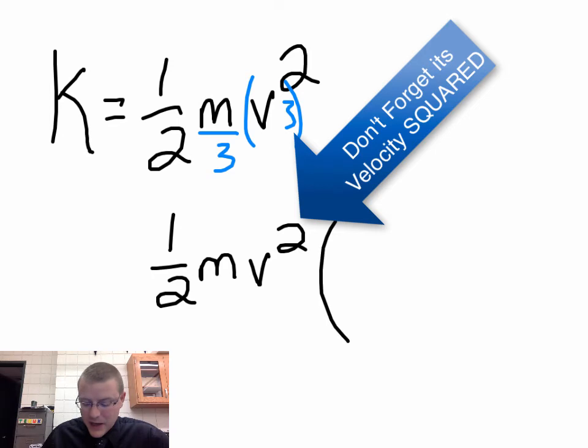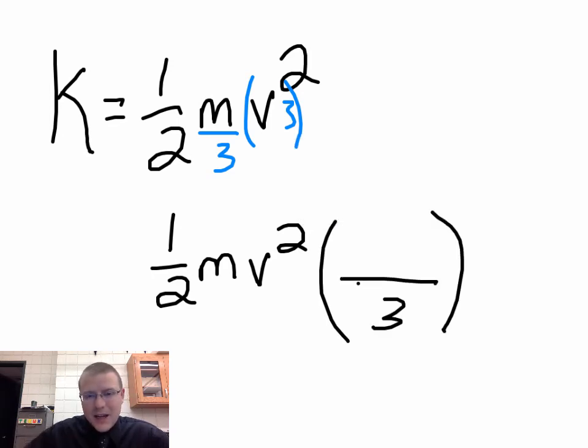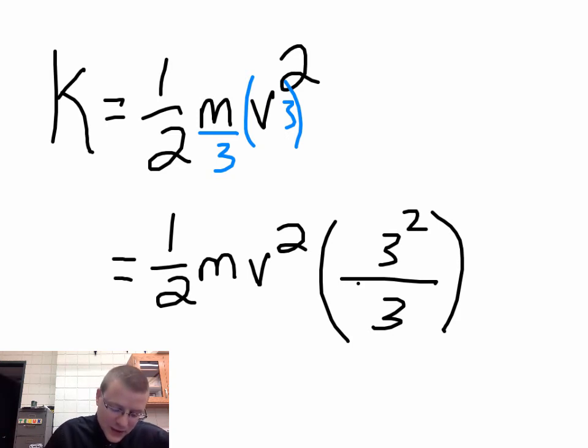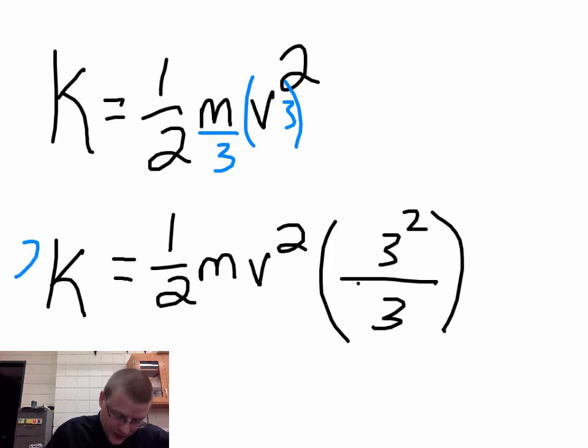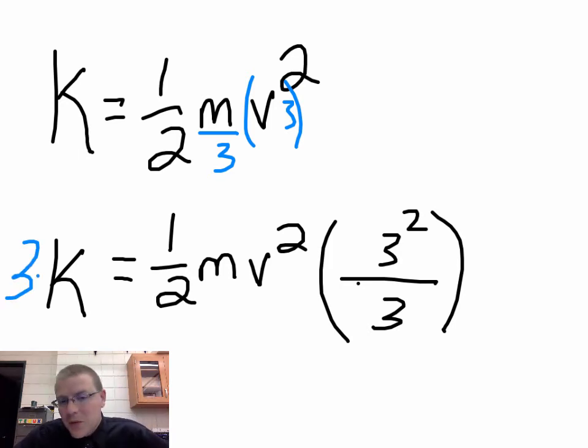But what's left behind in terms of numbers is a 3 in the denominator and a 3 squared in the numerator. So 3 squared is 9, 9 over 3 is 3. So my new kinetic energy is now 3 times more than it used to be. And I didn't have to worry about what the mass was or what the actual initial speed was. I just know that if I change those factors, I can change my kinetic energy.